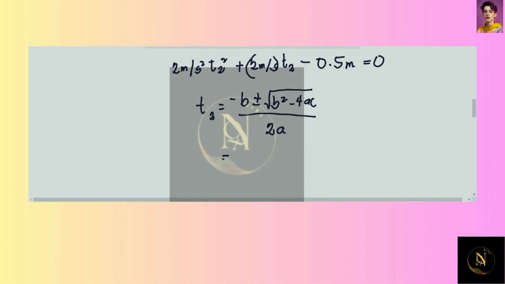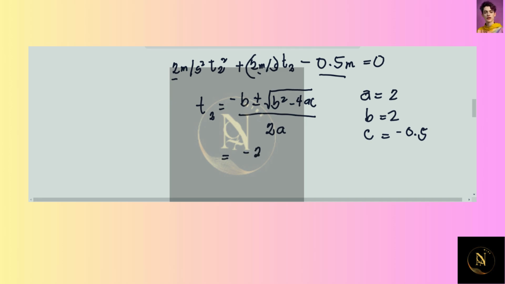Inserting the coefficients, we have a is equal to 2, b is equal to 2, and c is equal to negative 0.5.